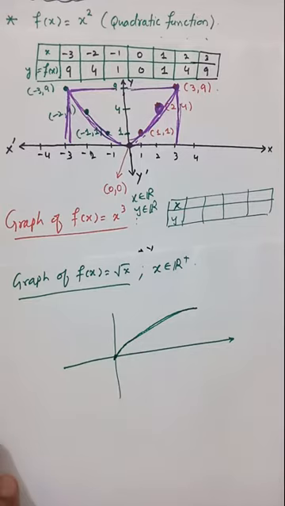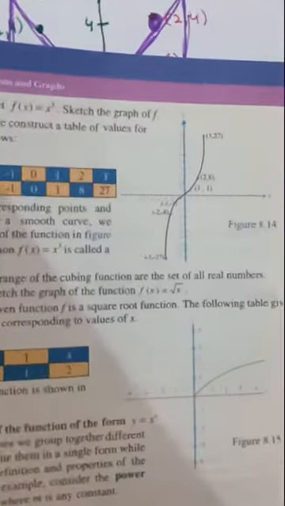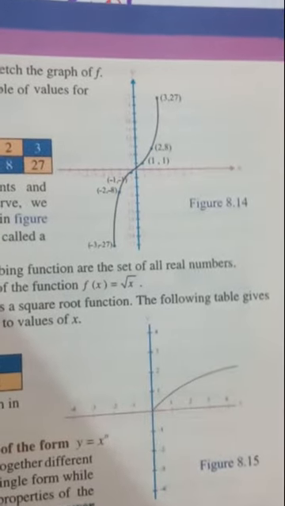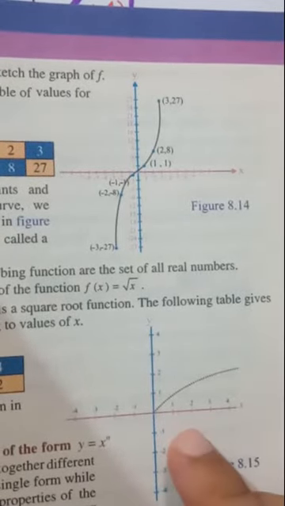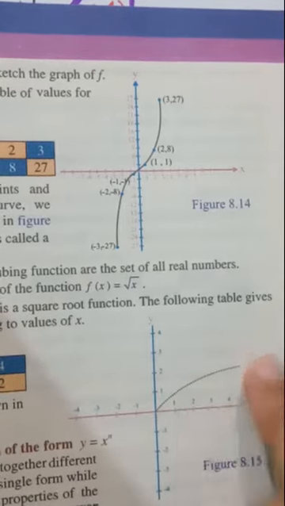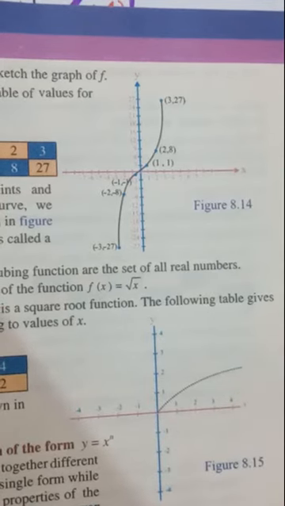So you will always remember the shapes. You see it from here. You see that this one is the graph of f of x is equal to square root x. This curve starts from 0 and goes on the positive x-axis side because its domain is positive real numbers.